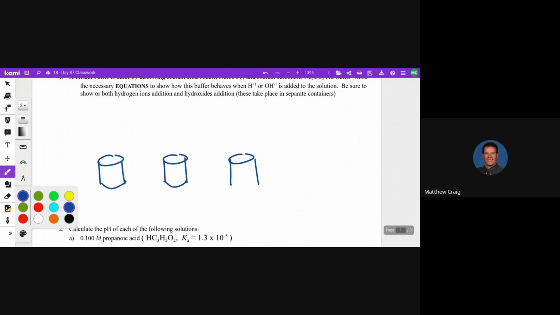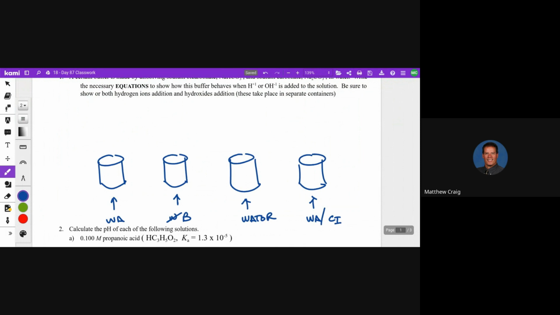And what we're going to have in these 4 containers is, this is going to be a weak acid. This is going to be a common ion of a weak acid, which, I mean, technically would be a base. We're going to have pure water, and then we're going to have both the weak acid and its common ion in this. Okay. So hopefully you're going to, first of all, calculate the pHs for these.